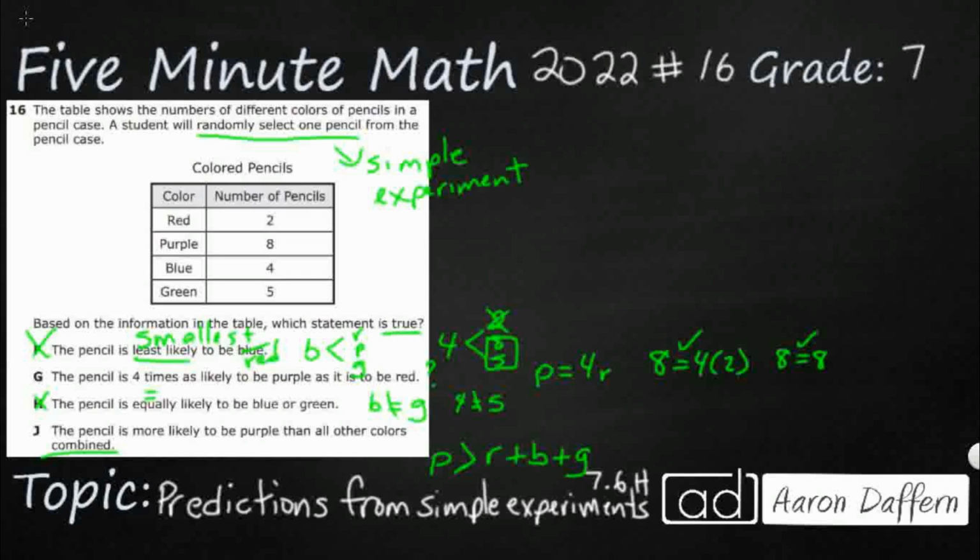So purple, 8, is greater than 2 plus blue, which is 4, plus green, which is 5, so that's 6, that's 11. Does 8 look like it is greater than 11? No, that is incorrect. If it said less likely, then we'd be good to go. So our answer is G.